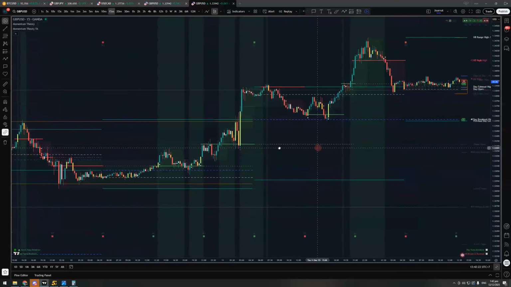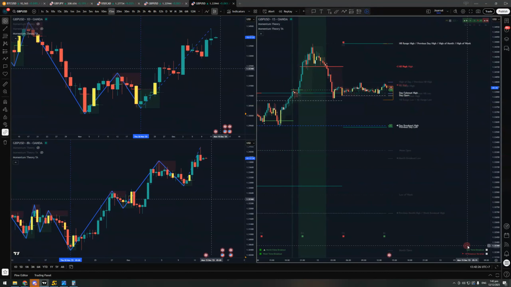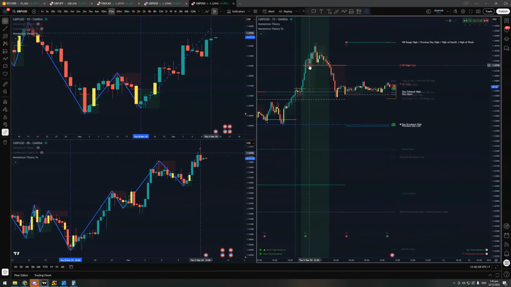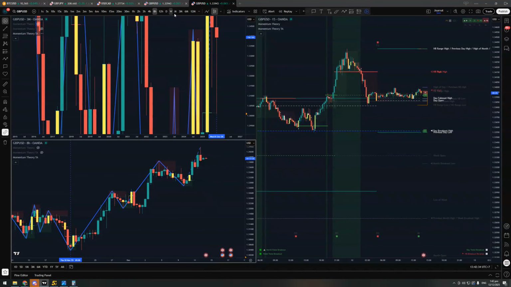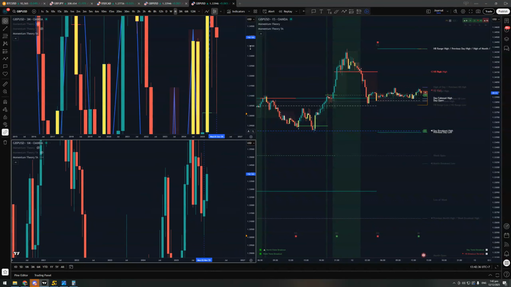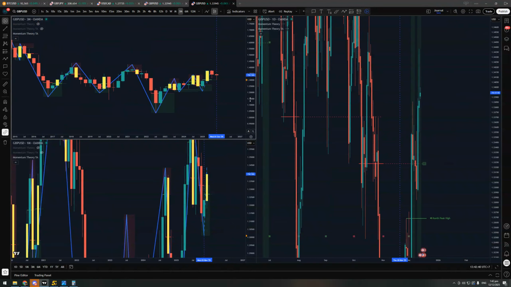And so just as I went from the daily to the H8 and I trade those levels on the M15, market is fractal. So I can use any time frames. I can start on the 3 months, I can go to the monthly, and I could trade this combination on the daily. Right, so hopefully that made sense.